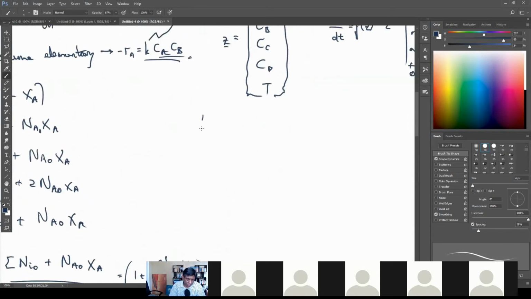So let's just write the reaction here. A plus B gives you C plus 2D.